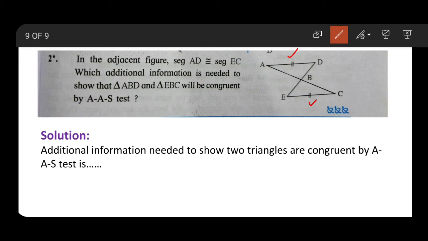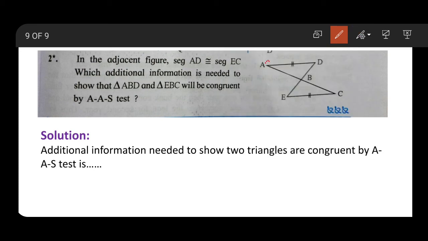Angles will be alternate angles, means forming a Z this way, means this angle will be congruent with this angle. Again, another Z: this angle will be congruent with this angle. So what will be the way to write?